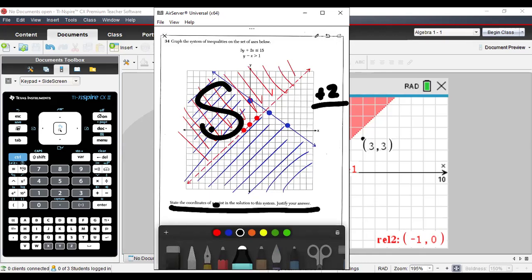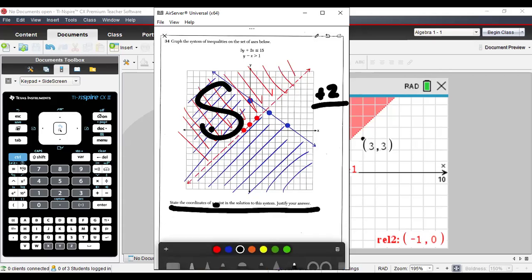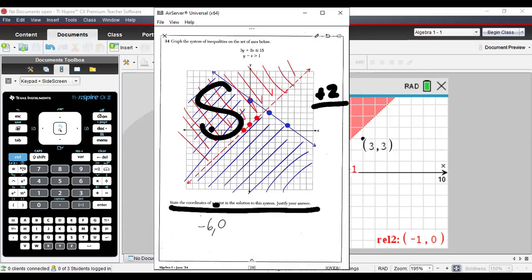So I'm saying -6, 0. -6, 0 is a solution because it's in the solution set, the big S. So that's it. Now, this is 2. Giving this point with this reason is also 2. So that's 4 points.